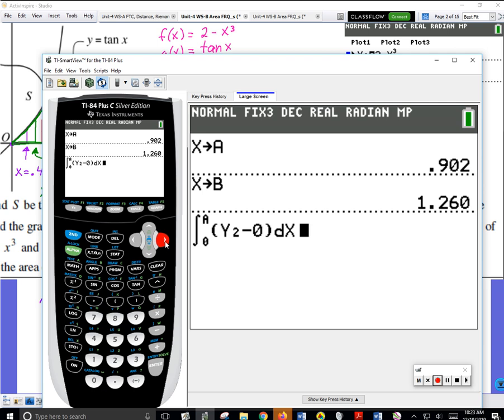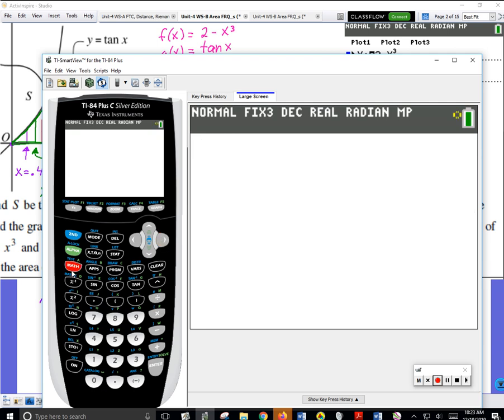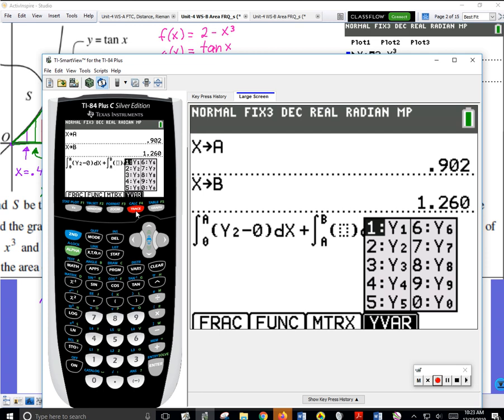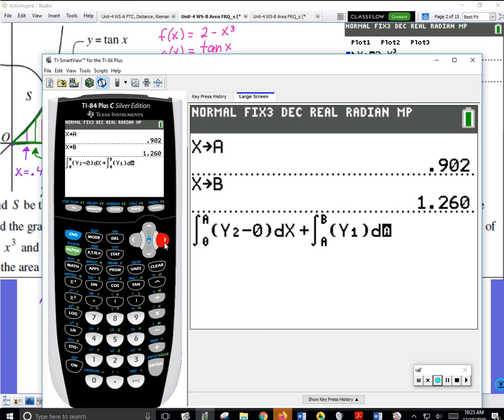Then just next integral, so math 9 again. A to B. Y1, so alpha trace. Dx, enter.